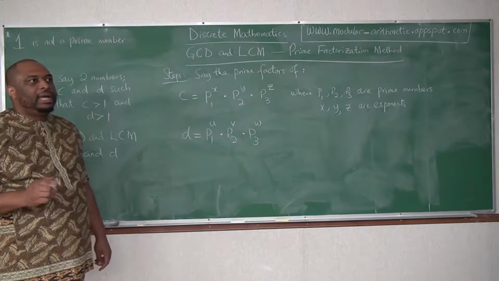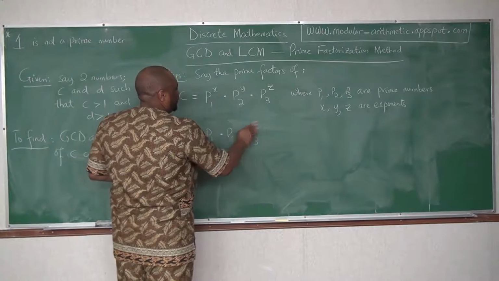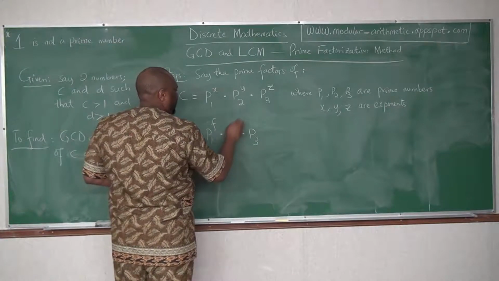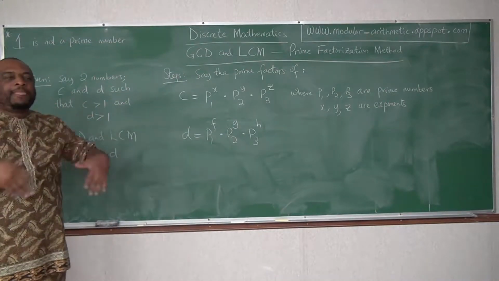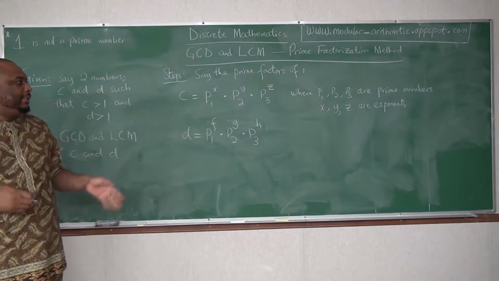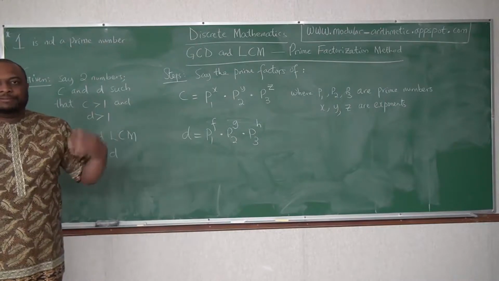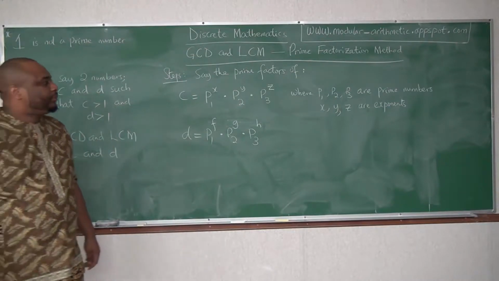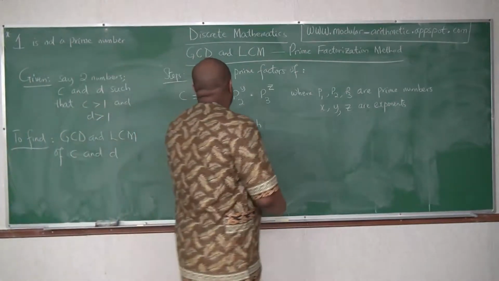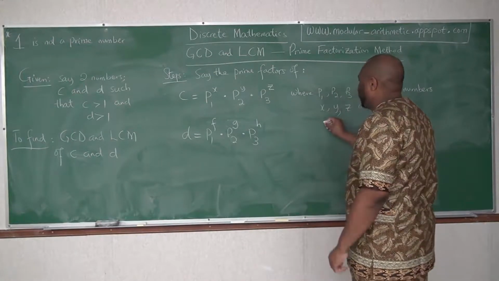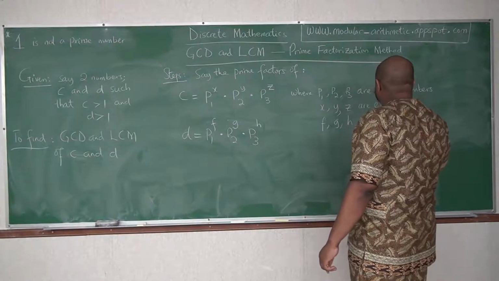Let's use F, G, H. We want to find the same prime numbers, but now it might be different exponents. If it's the same exponent, that's fine, it still doesn't matter. So X, Y, Z are exponents, and F, G, H are also exponents.